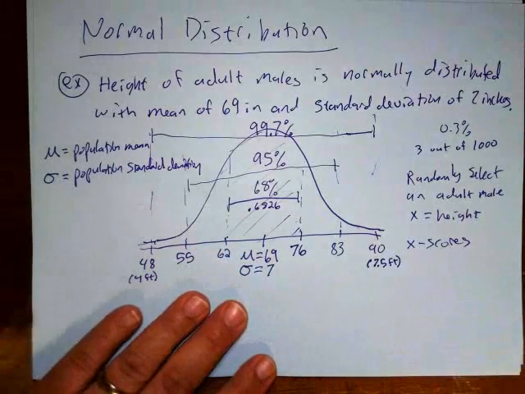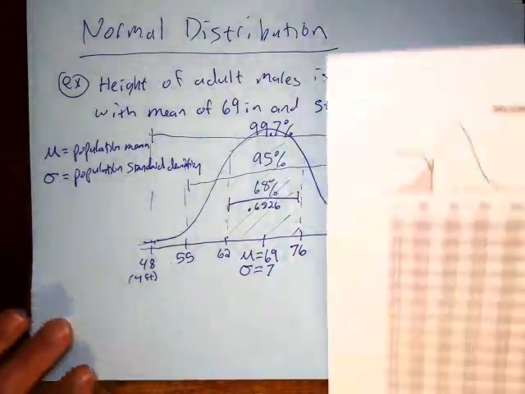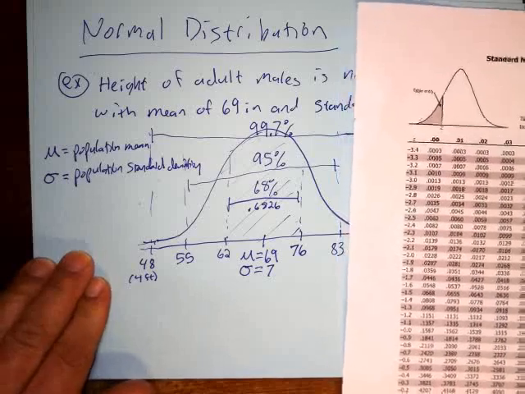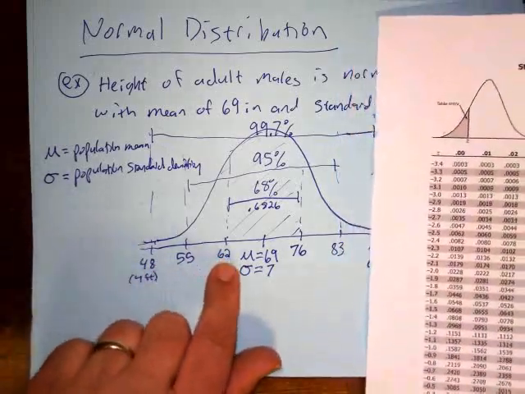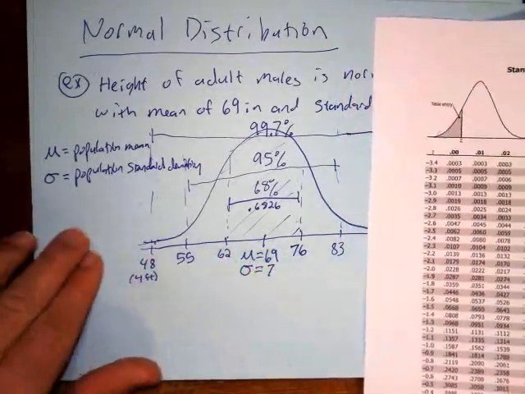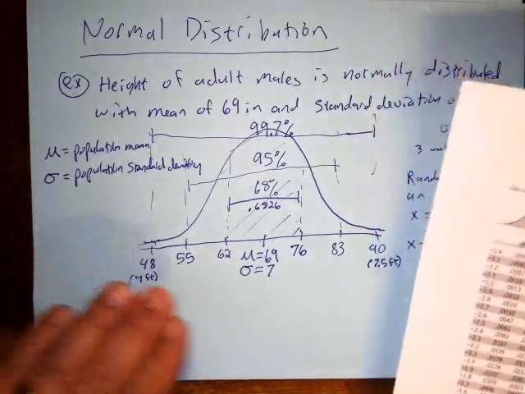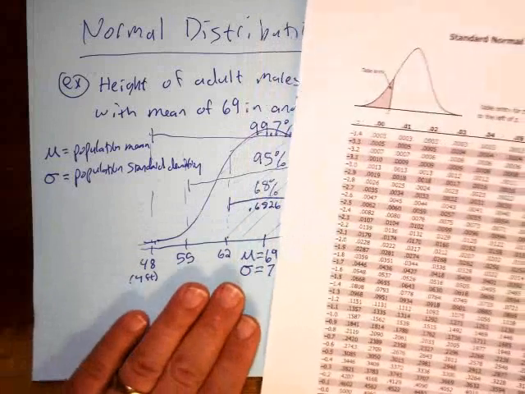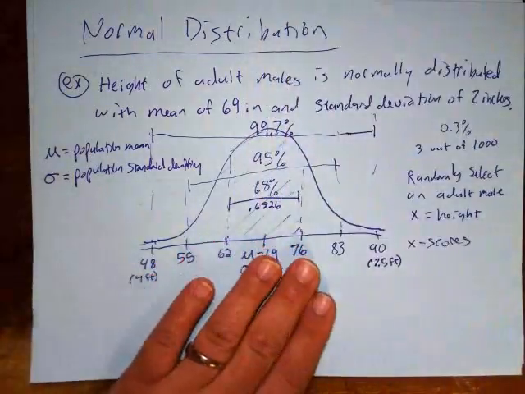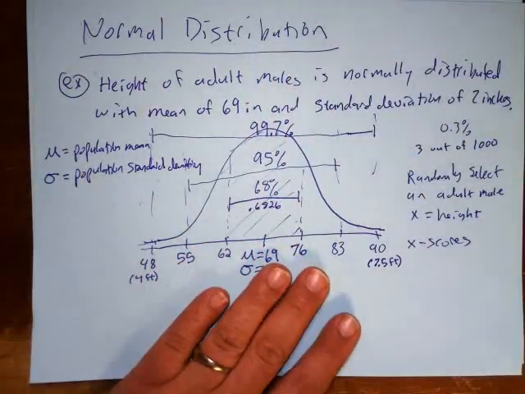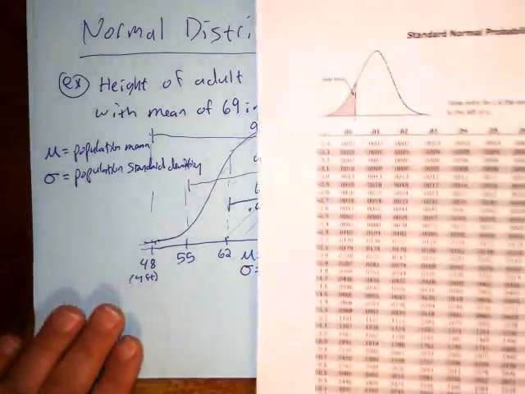We're going to find probabilities by looking up areas on this table, instead of getting the total number of adult men and the number between, let's say, 62 and 76, and dividing the two like we did in chapter 4. By the way, this table is really handy.